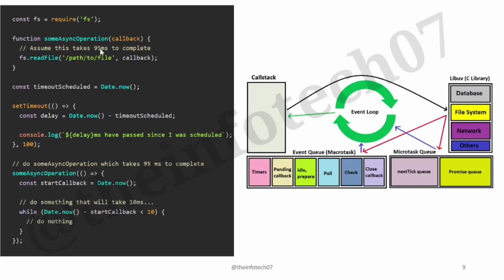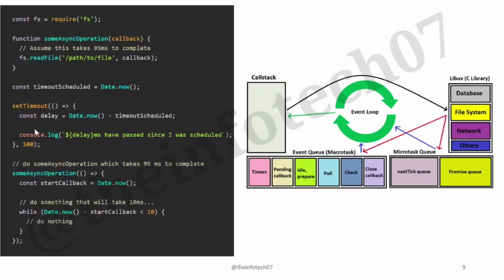So it takes 95 milliseconds, and after 5 more milliseconds, meaning 100 milliseconds, the timeout callback will be registered in the timer phase. But when the callback passed to the async operation function is called, I am tracking the current date time, and I have created one more operation, a while loop, which takes 10 milliseconds.